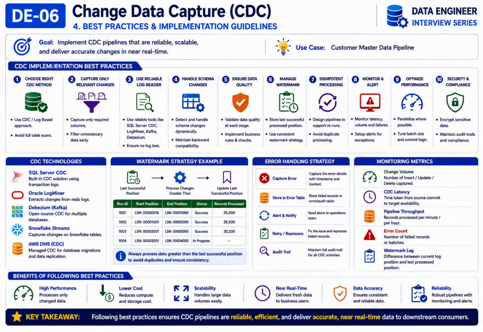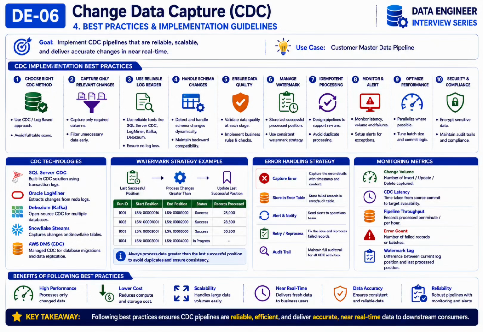Sometimes I say idempotent one way and sometimes another, you can use whichever you like. If your job is rerun, it should never create duplicate records. Finally, always maintain audit logs and lineage information. In production, troubleshooting becomes much easier when every CDC execution is fully traceable, right?